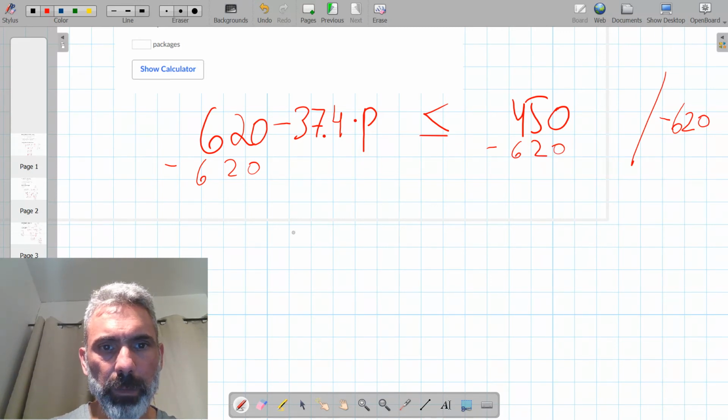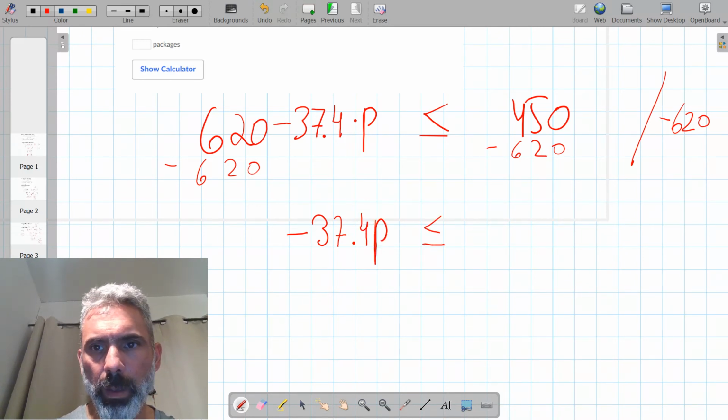On the left-hand side of the inequality, I'm left with minus 37.4P has to be less than or equal to 450 minus 620.